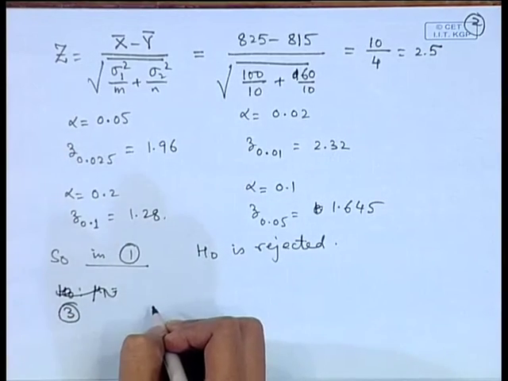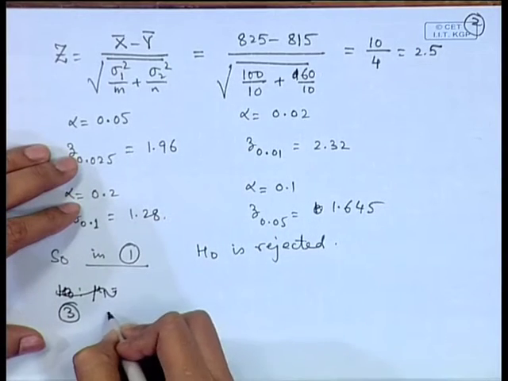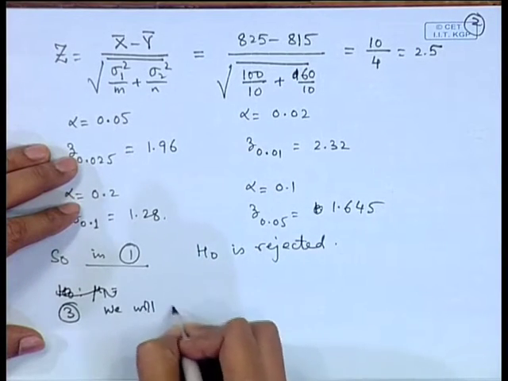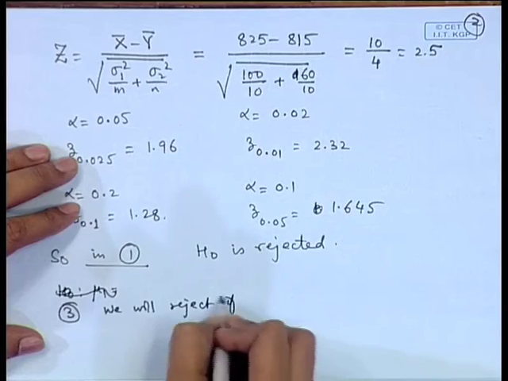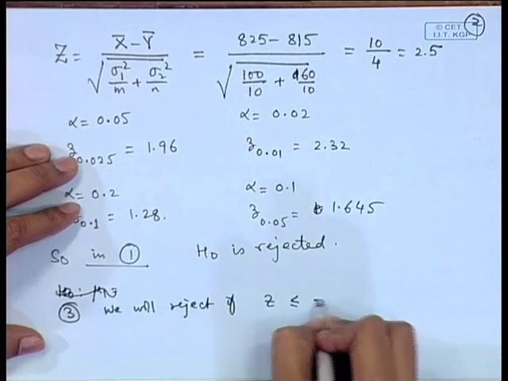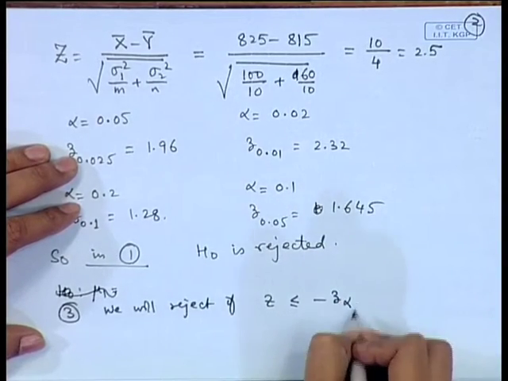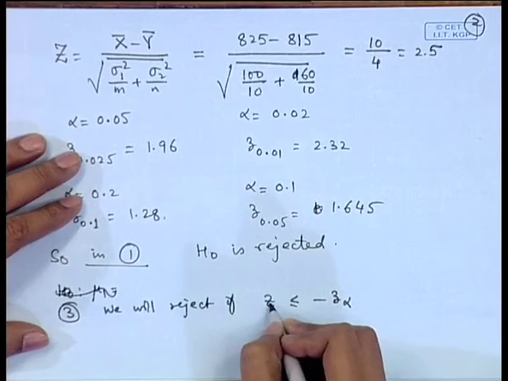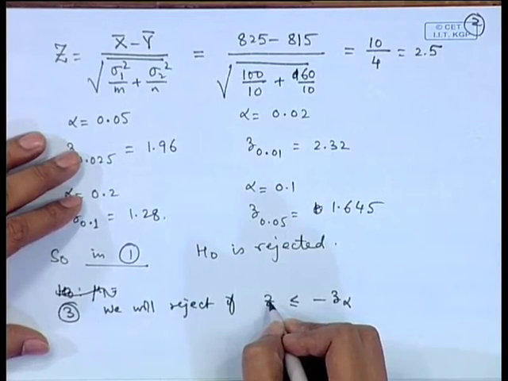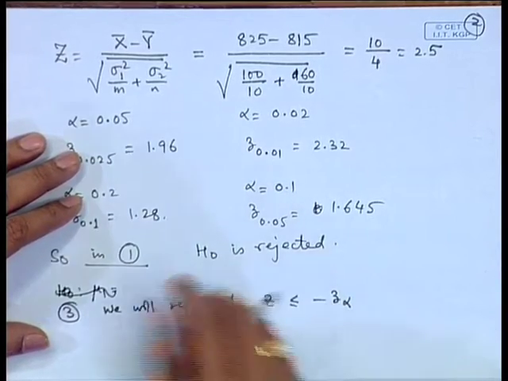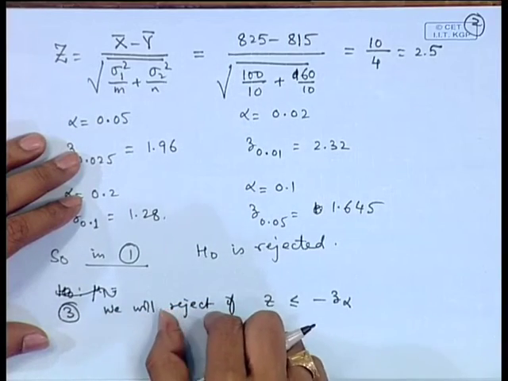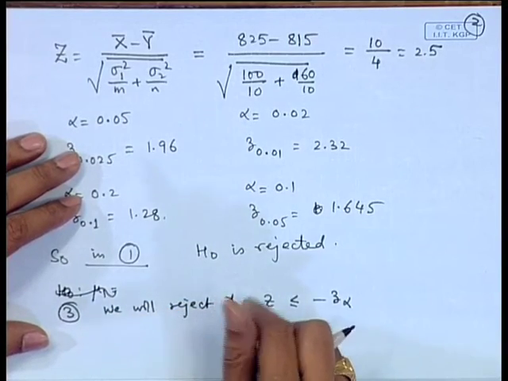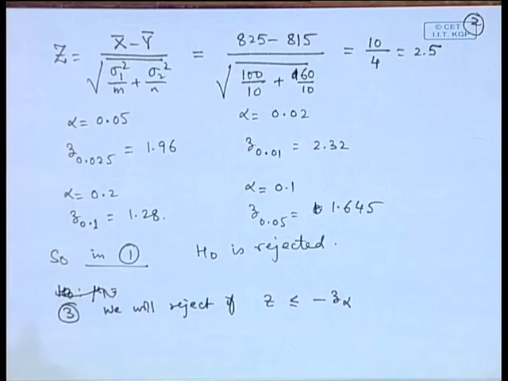In the third problem we will reject if z is less than or equal to minus z alpha, but this can never be true for any reasonable level of significance here, because z is a positive value. So, we cannot reject. That means, if we go by this third framework, mu 1 greater than or equal to mu 2 cannot be rejected.